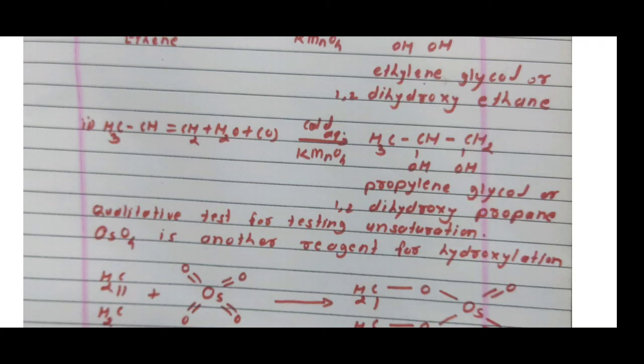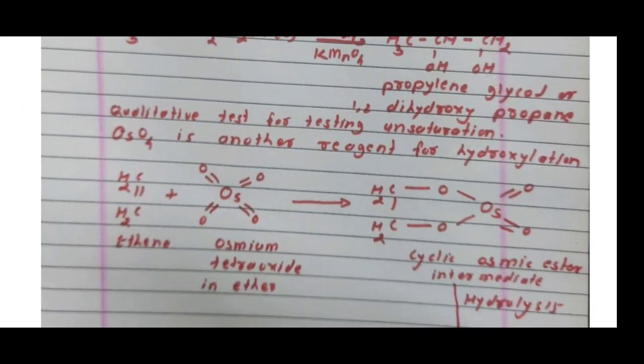Then second, OsO4, name of this reagent is osmium tetroxide. Osmium tetroxide is another reagent for hydroxylation. Similar to the KMnO4, here I am showing ethene molecule CH2 double bond CH2 plus osmium tetroxide in ethereal solution to form a cyclic intermediate.